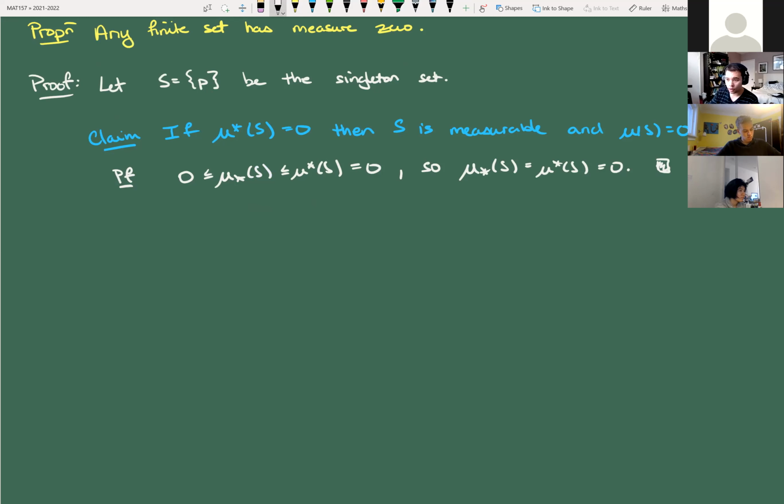And the way that you show that a set has measure 0 is you show the following. So we want to show that for all epsilon, we're going to use the epsilon definition of the infimum.